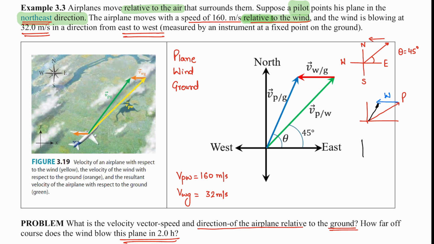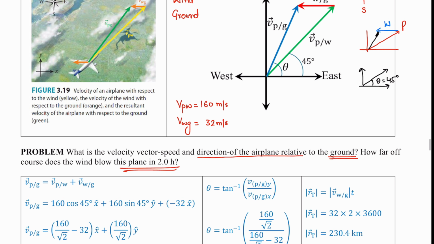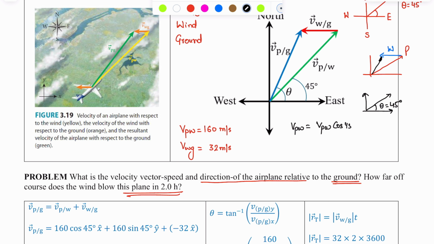The first factor: when this is moving there is an angle theta, 45 degrees. So can you resolve the vector into x along the x-axis and y along the y-axis? Velocity of PW has two parts: velocity of PW cos 45 degrees plus velocity of PW sin 45 degrees.